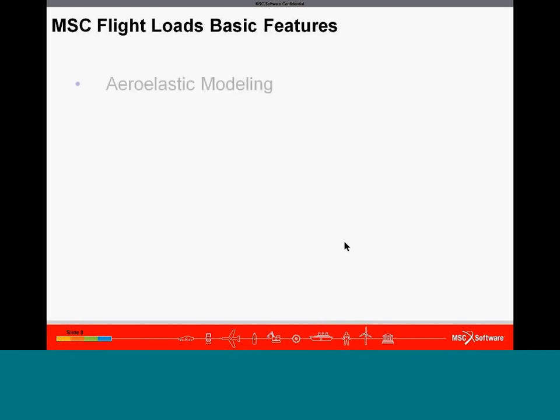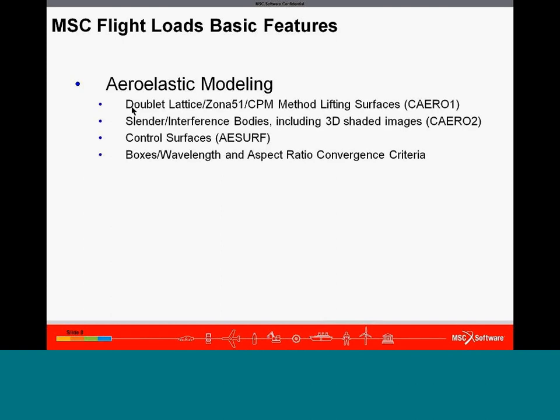Some of the basic features of MSC Flightloads: it enables you to create your aeroelastic model. By that I mean it can create the aerodynamic mesh using the native Nastran aerodynamic methods. For example, you can create the aerodynamic mesh for doublet lattice aerodynamics, which is a subsonic panel code, and ZONA51 or the constant pressure method, which is a supersonic code.